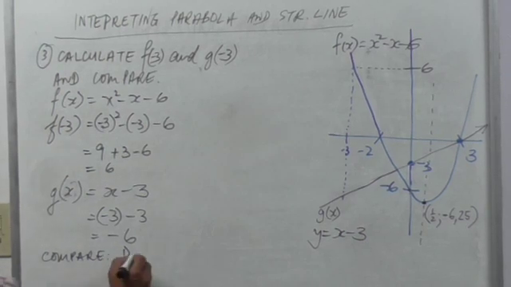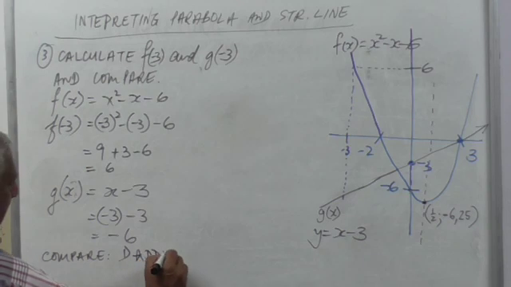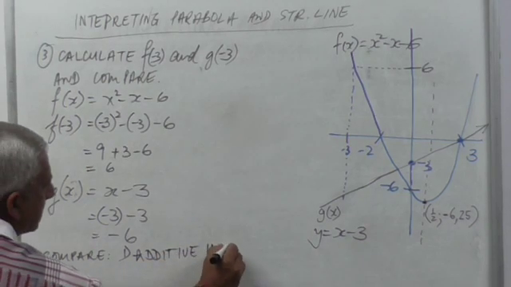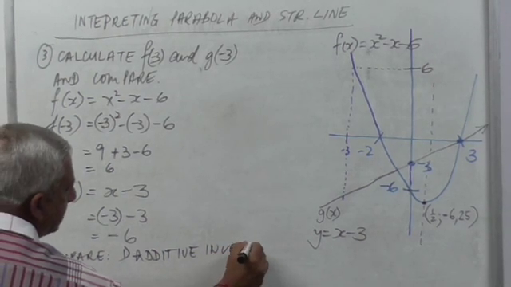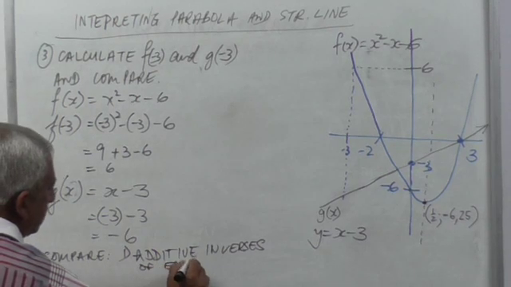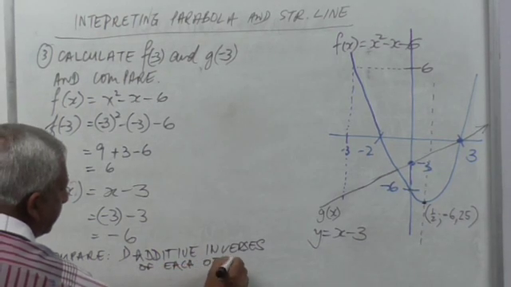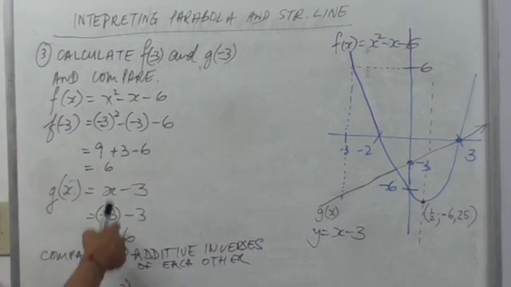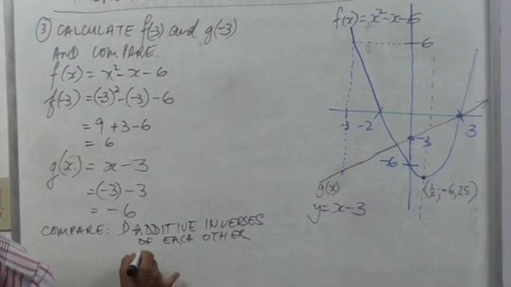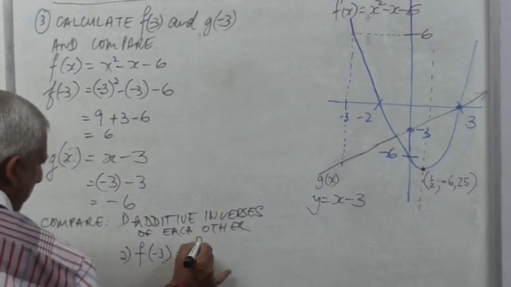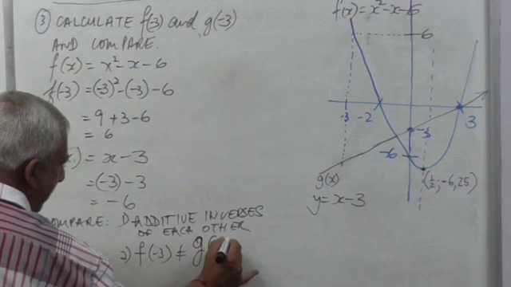Fine, if you want to say that, you can say that they are additive inverses of each other. Somebody may say they are not equal. Fine. f of minus 3 is not equal to g of minus 3.